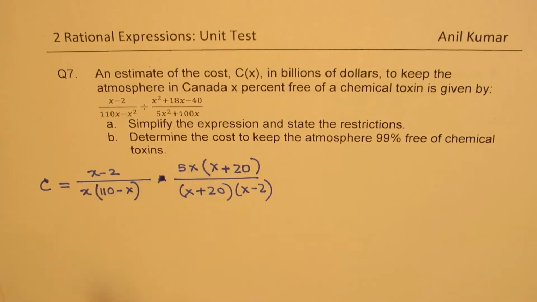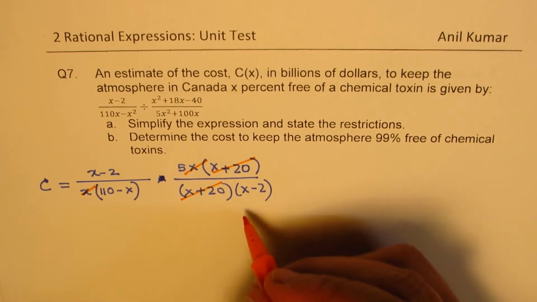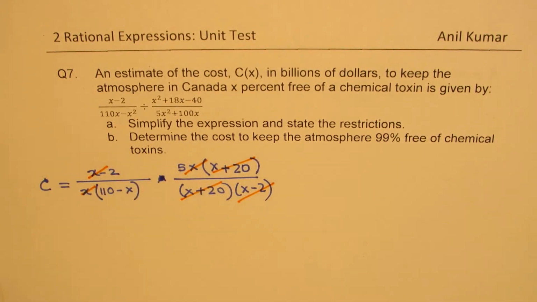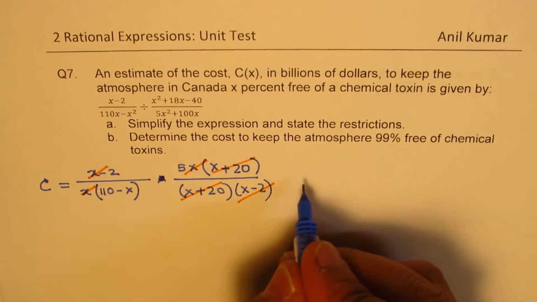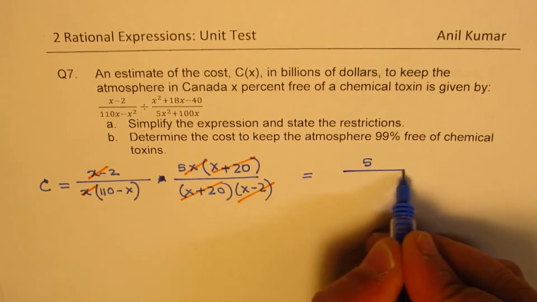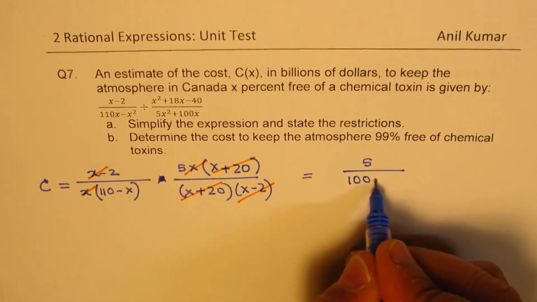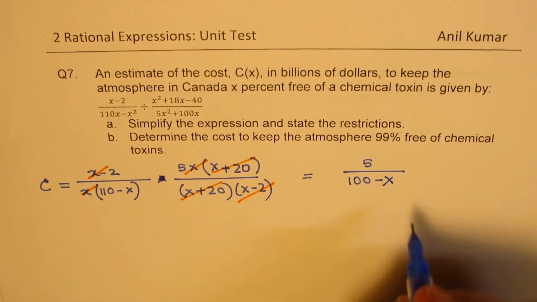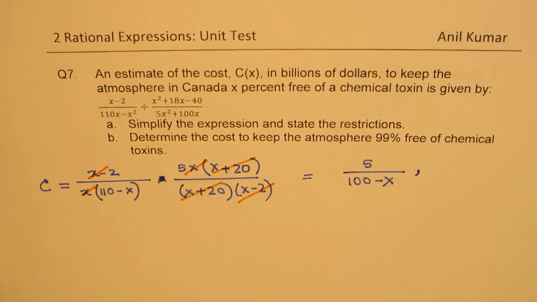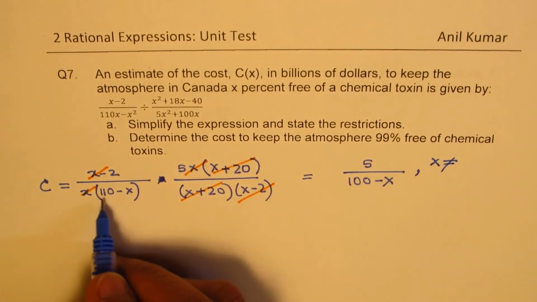Let us simplify this expression. We can cancel some common factors, correct? We can cancel this x here. So we have cancelled x minus 2 also. Now we could write this as 5 in the numerator over 100 minus x in the denominator. Now remember writing restrictions. One is that x is not equal to 110.